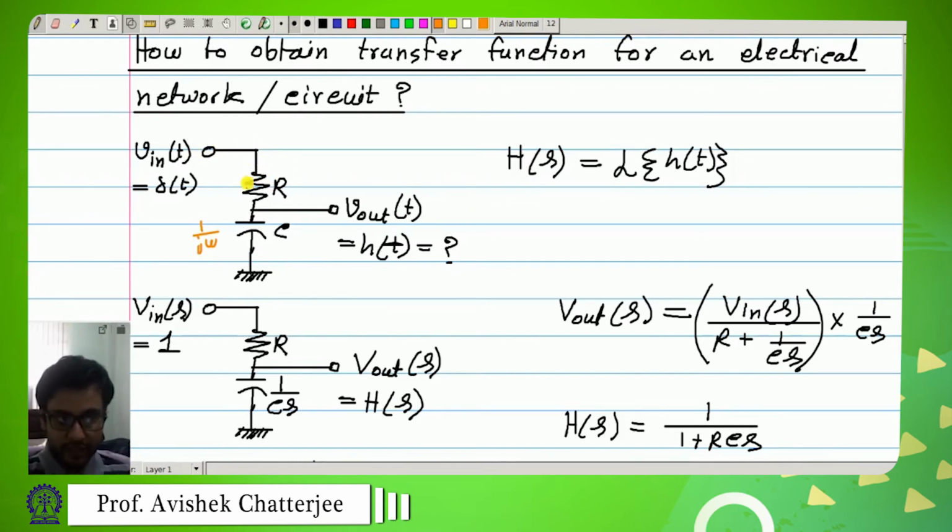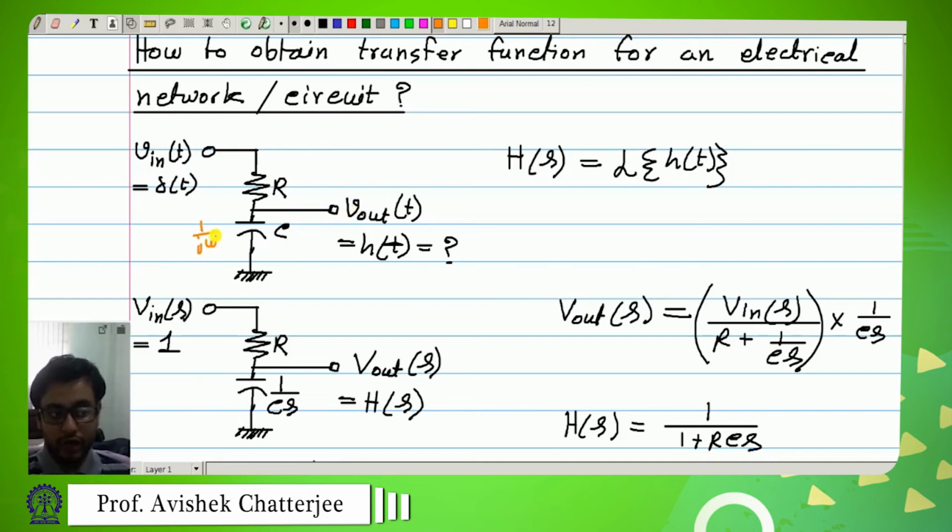Here is one impedance, here is another. They are in series. Input voltage is here, output voltage is here. Now if this impedance is high, then output voltage will be high. If this impedance is low, output voltage will be low. And you see, when omega is large, this impedance is low, so output voltage will be low.